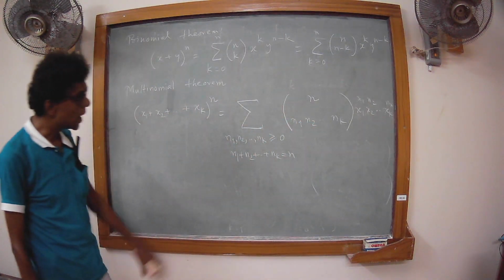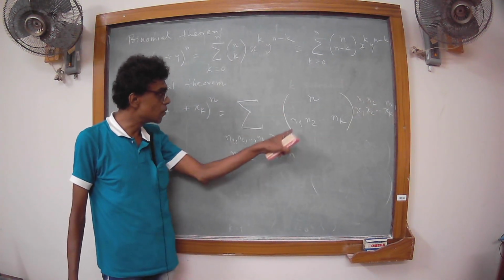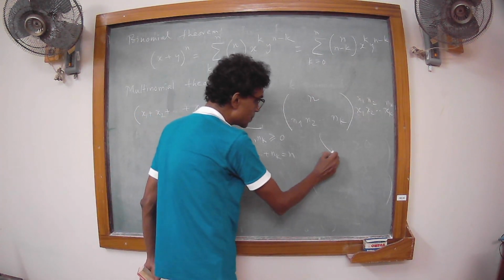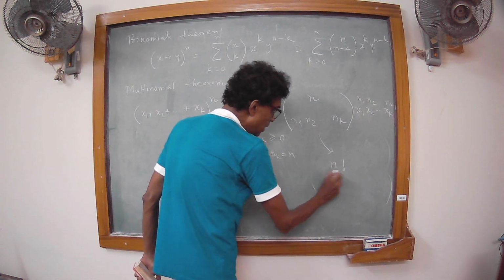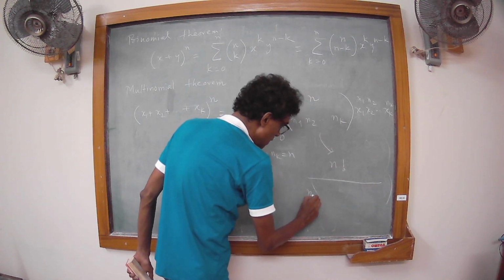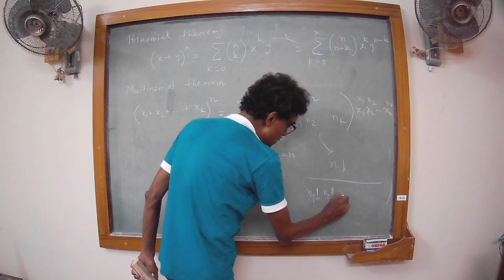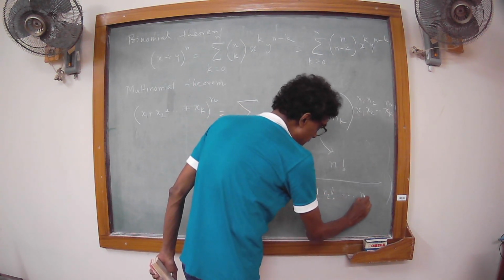So this multinomial coefficient, n choose n1, n2, ..., nk, is nothing but n factorial over n1 factorial, n2 factorial, ..., nk factorial.